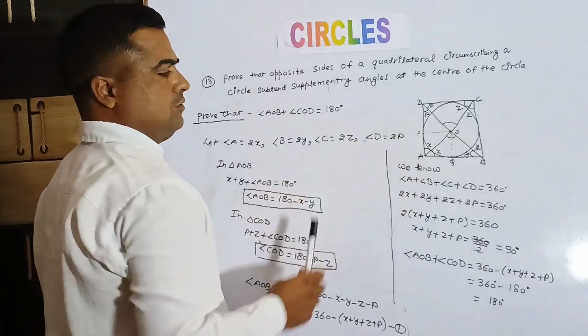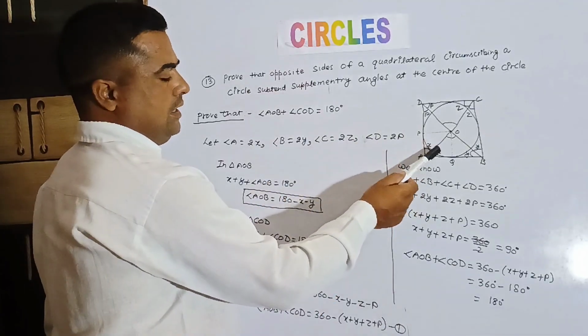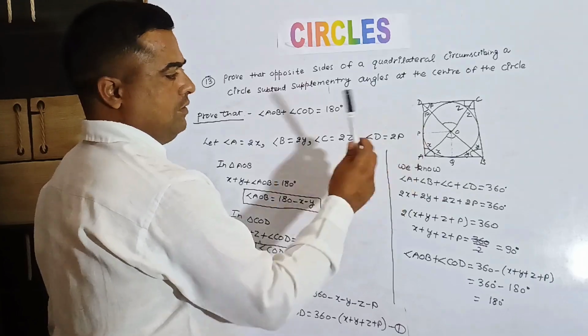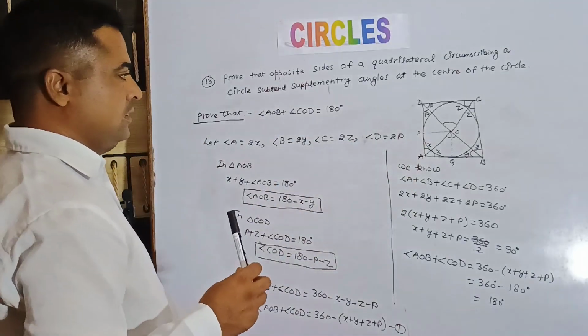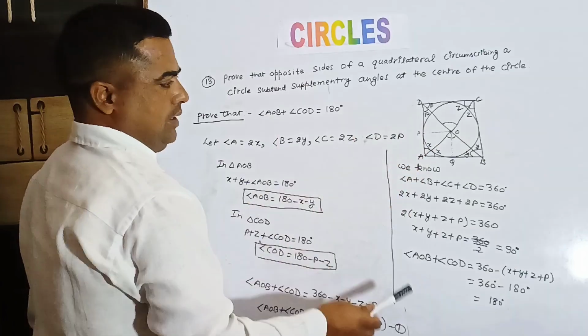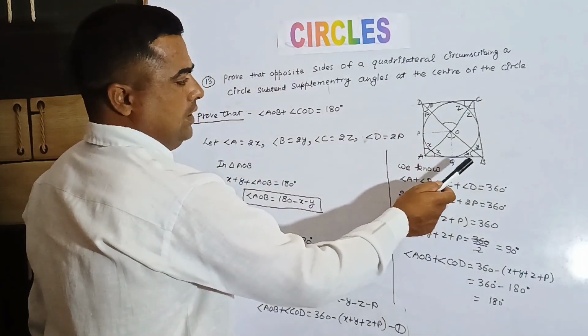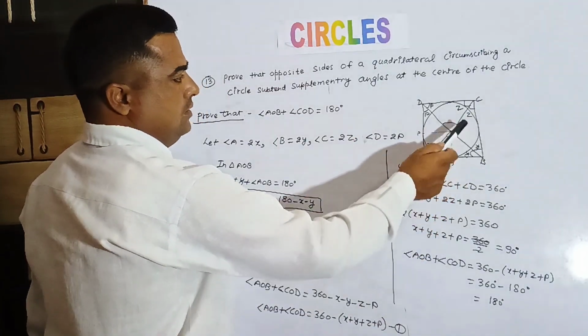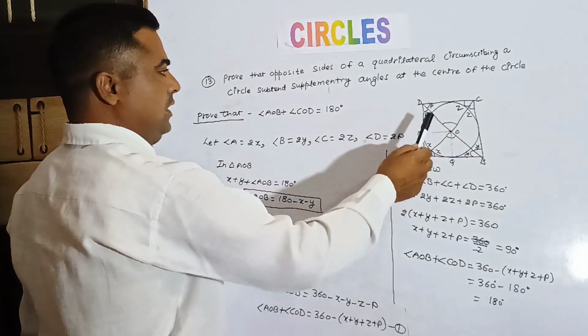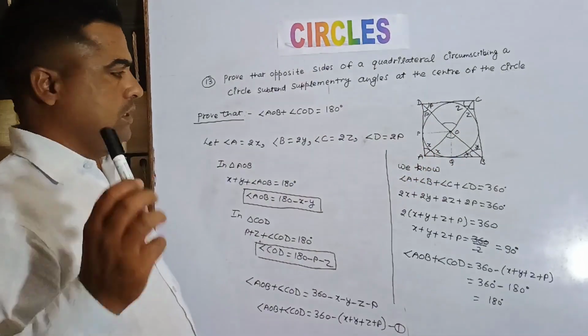So these two triangles will be equal, so these two angles will be equal. Because we have this whole angle 2x, half will be x. So angle A is 2x, this will be x, this will be x. This is 2y, so this will be y. This is 2z, so this is z. And this whole angle is 2p, so half will be p.